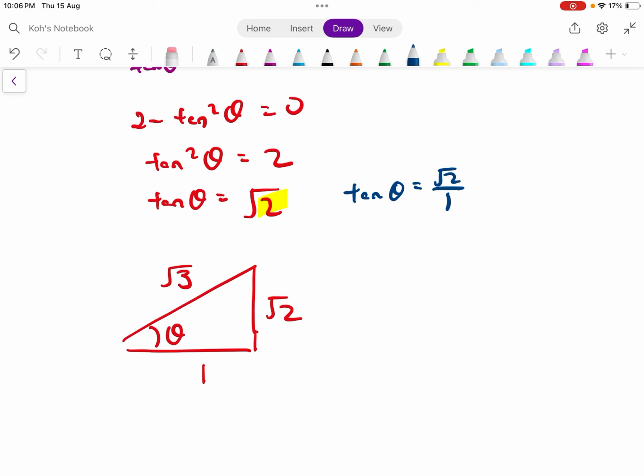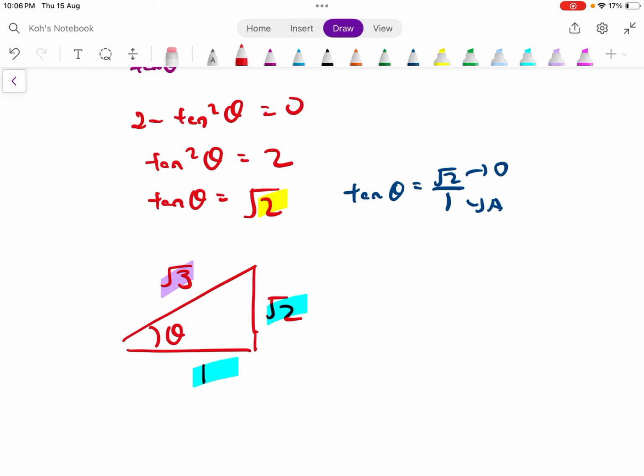Then we draw the right-angle triangle. This is your adjacent, and this one is your square root 2 divided by 1. Of course, I use Pythagoras' theorem to determine the hypotenuse: a squared plus b squared, so it's 3, then square root 3. That will be the hypotenuse.